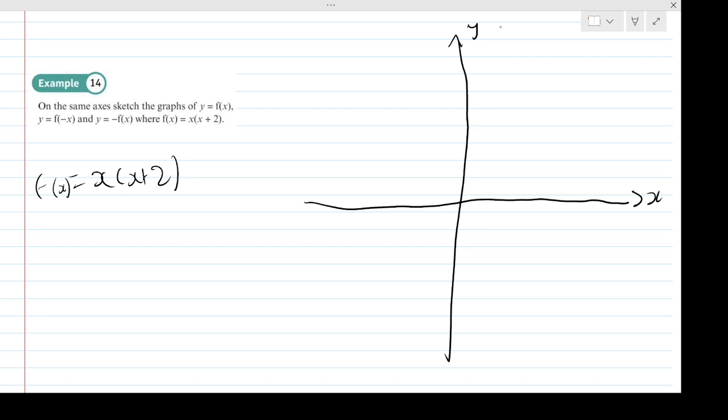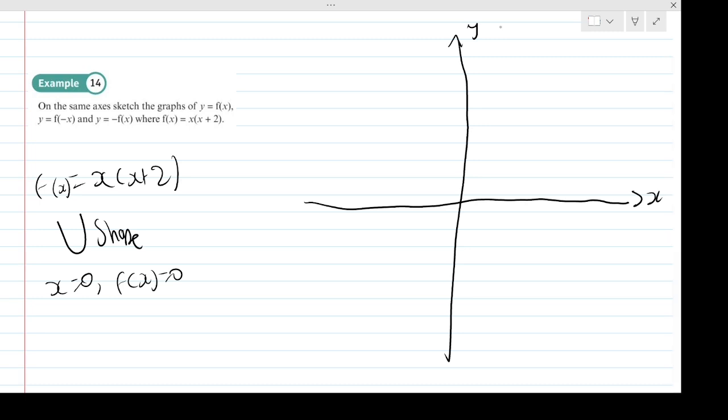Firstly, it's going to have a positive U shape, a smiley shape, because the x squared coefficient is 1, which is positive. Then we need the y-intercept, so that's when x is 0. If x is 0, f of x is 0 as well, because the whole thing multiplies by 0.